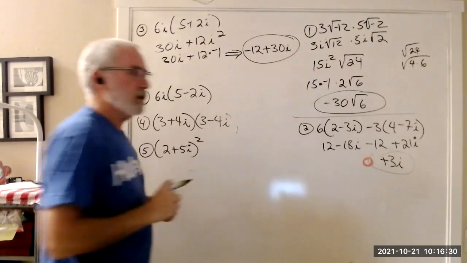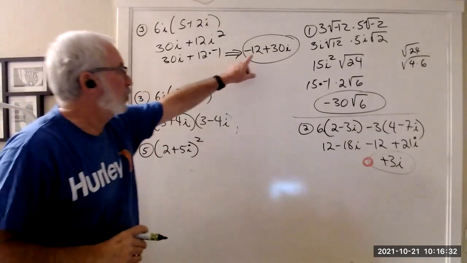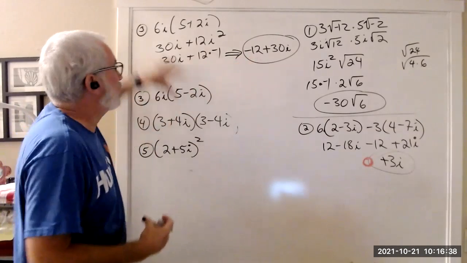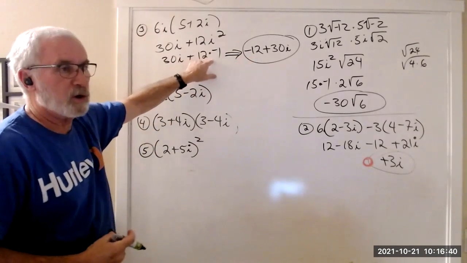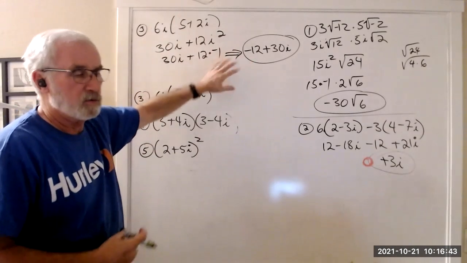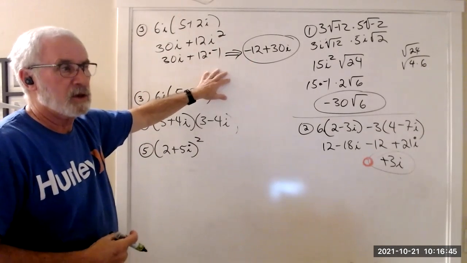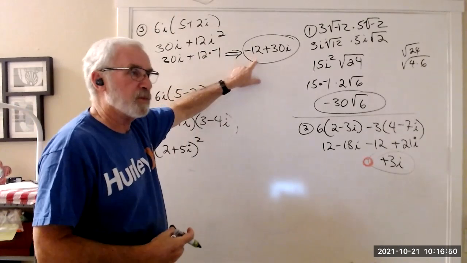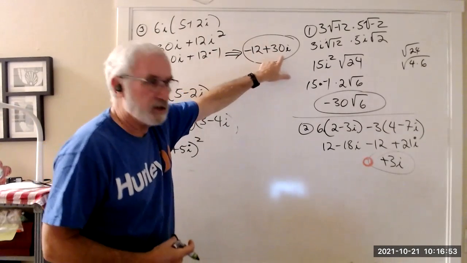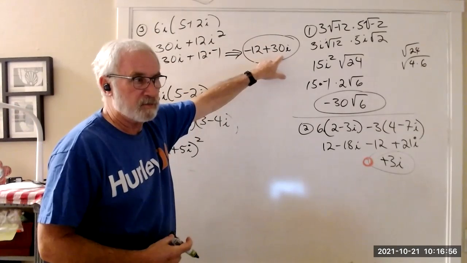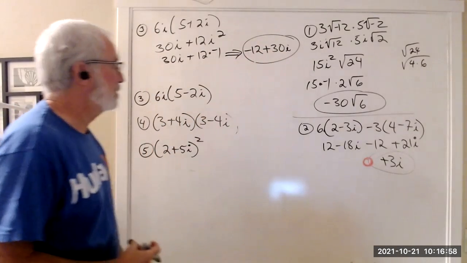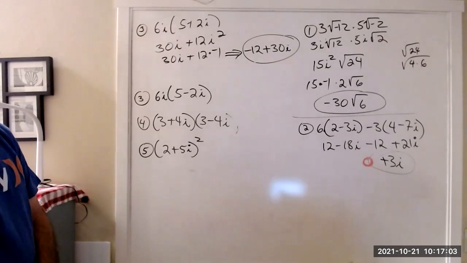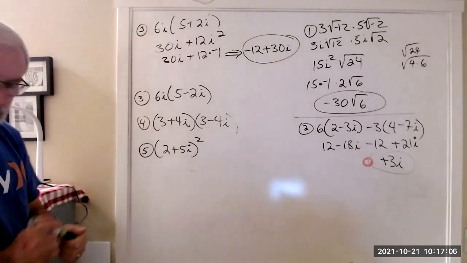Remember, to write a complex number, the real part has to be first. So even though your math has the -12 on the right side of the problem, complex numbers require that the first number is the real part, the second number is the imaginary part. So you did have to switch these around, I'm sorry. That okay with everybody?